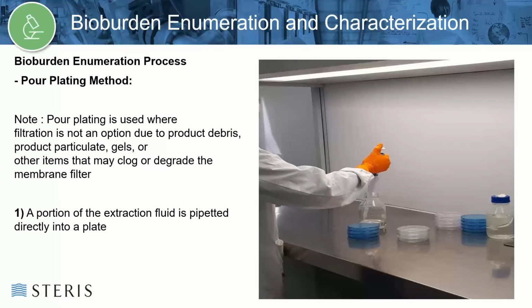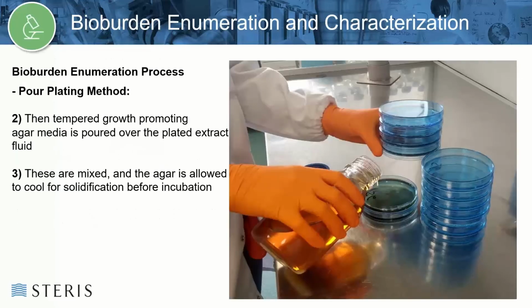A portion of the extraction fluid is pipetted directly into a Petri plate. Then tempered growth-promoting agar is poured over the plated extract fluid. These are mixed, and the agar is allowed to cool for solidification before it is placed into incubation.